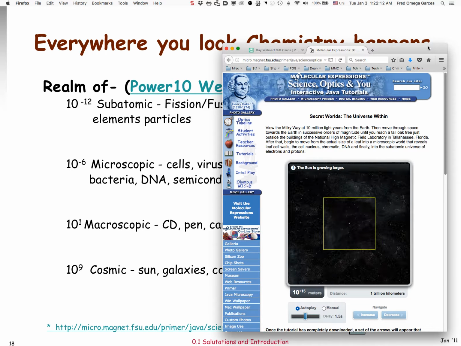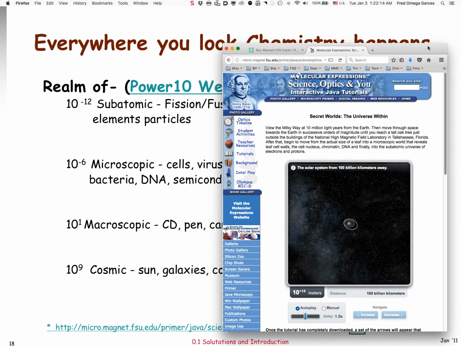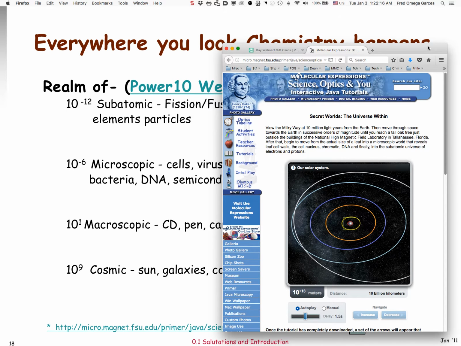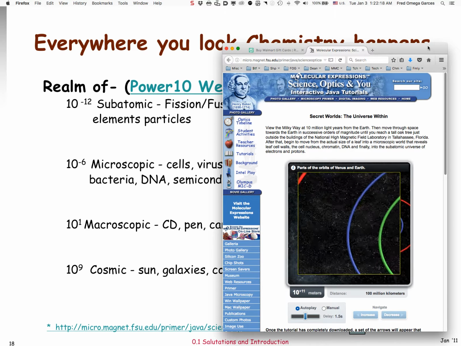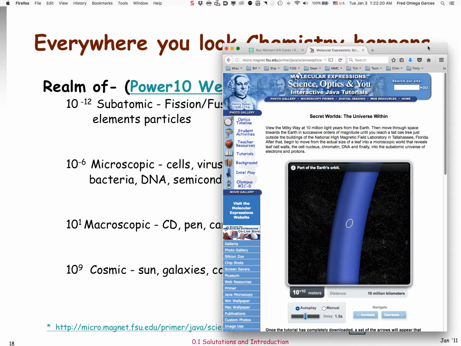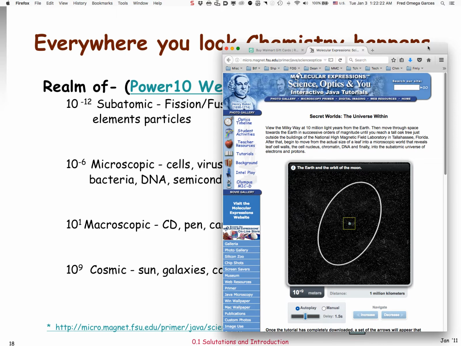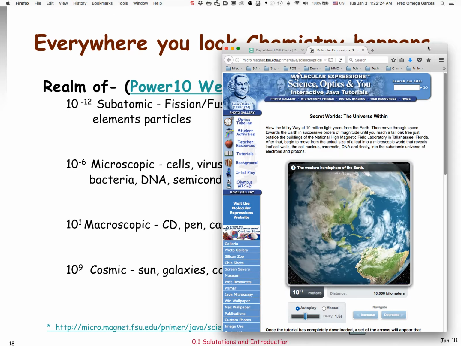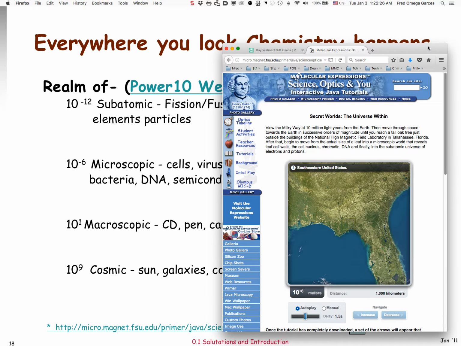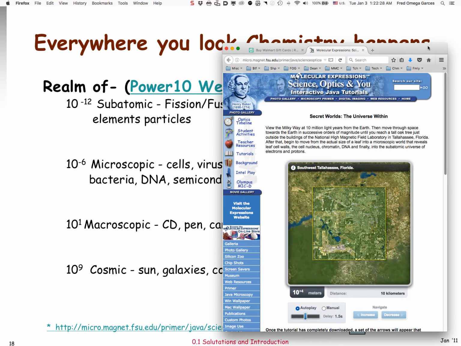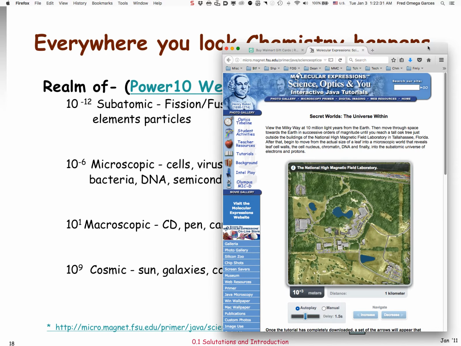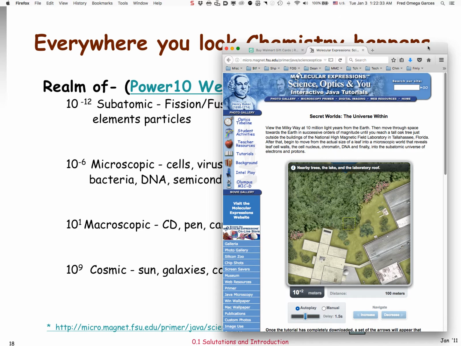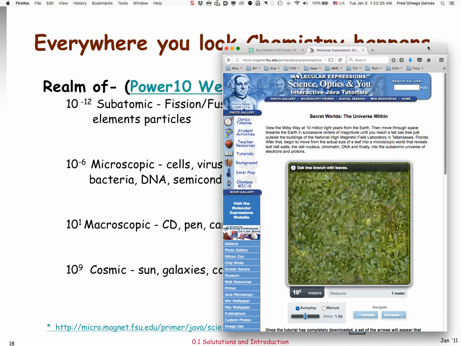So we started at about 10 to the 23rd, and now we're zooming in. 10 to the 11th, 10 to the 10th, 10 to the 9th, 10 to the 4th is about a kilometer. Now we're about the size of a meter.